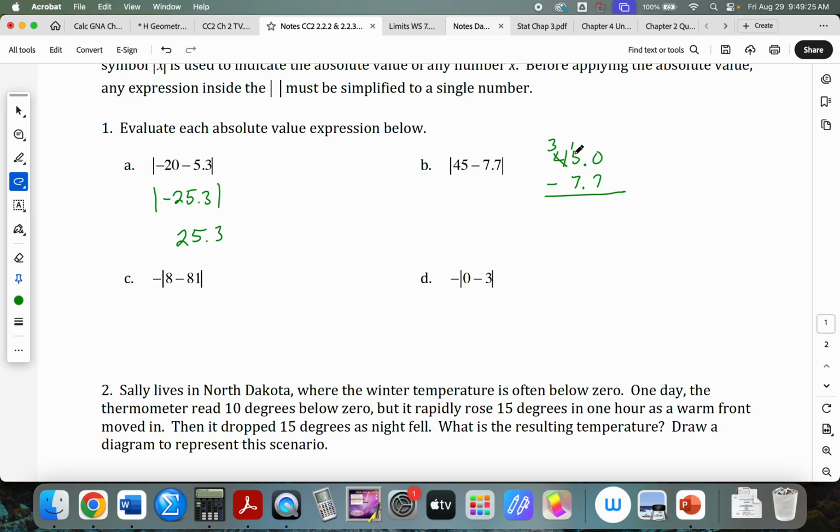I'll make that 15, borrow one from that, make it 14. Bring that over, and then this would be 3, 7, 3. So it's the absolute value of 37.3, which is just 37.3.